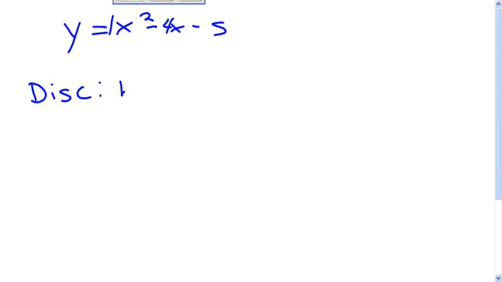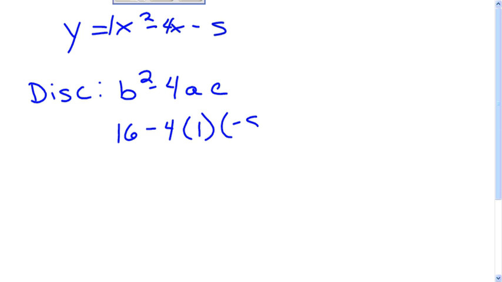So my discriminant is b squared minus 4ac. So b squared, -4 squared, so that's 16, minus 4 times 1 times -5, which gives me 16 plus 20, which is 36.